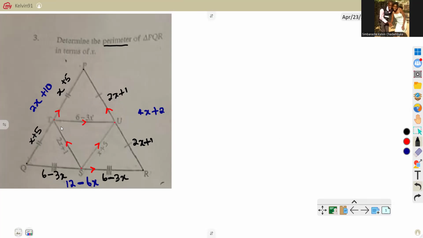Then we go and answer the question. They want you to find the perimeter. Perimeter means the distance right round. Therefore, our perimeter will be equal to 2x plus 10 plus 4x plus 2 plus 12 minus 6x.